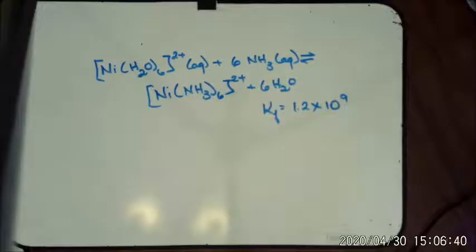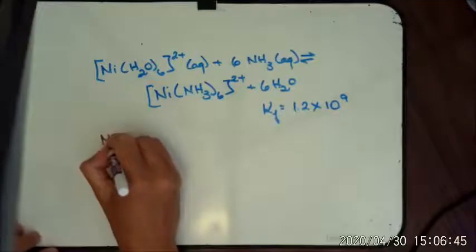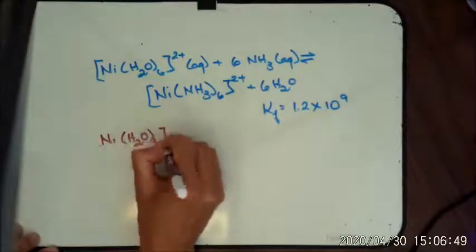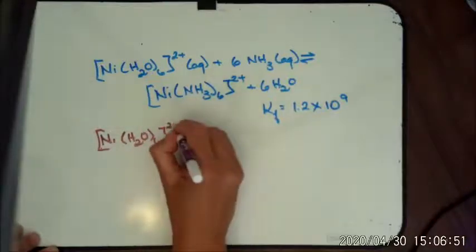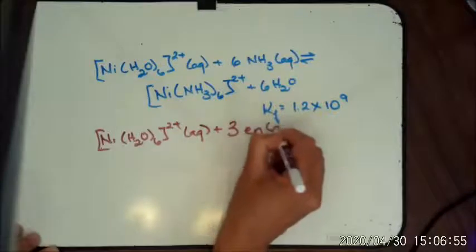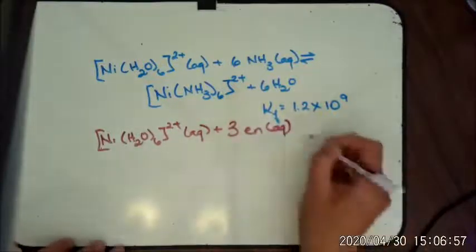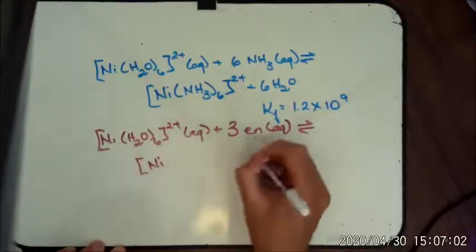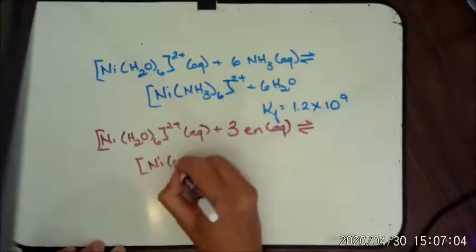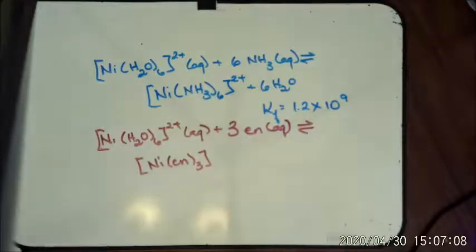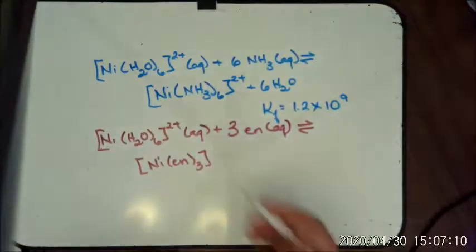If you compare that to adding in your ethylene diamine, okay, I have a bidentate here. Because they both are bound at the same time, it's harder to pull the whole thing off.